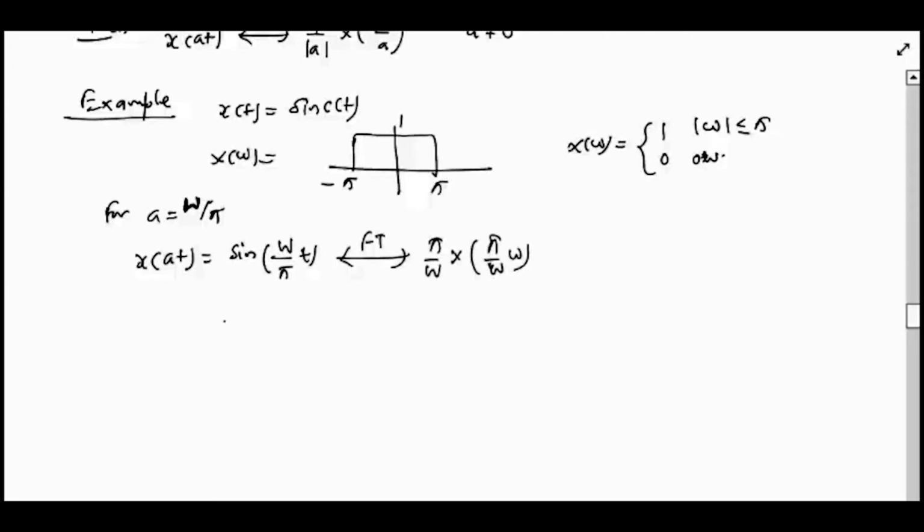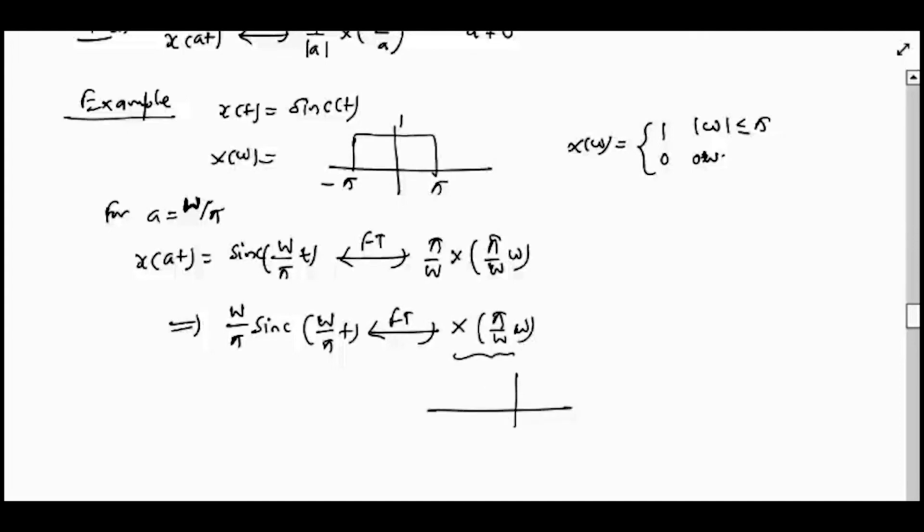Which in turn implies that the Fourier transform of (W by pi) sinc (W by pi) t is X(pi by W omega). If we see this signal, this is again a pulse signal, but between minus 1 and 1. So this is a signal that takes value 1 between minus 1 and 1, and it's 0 otherwise. This is X(pi by W omega).